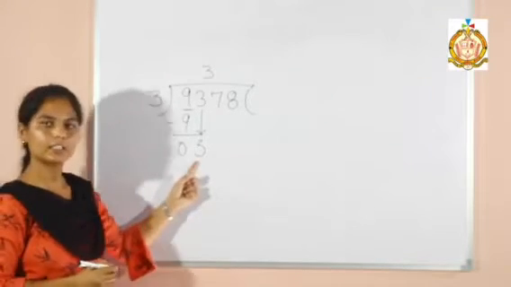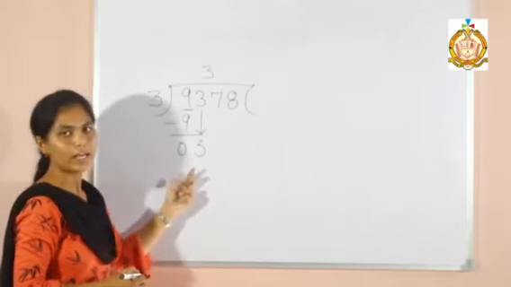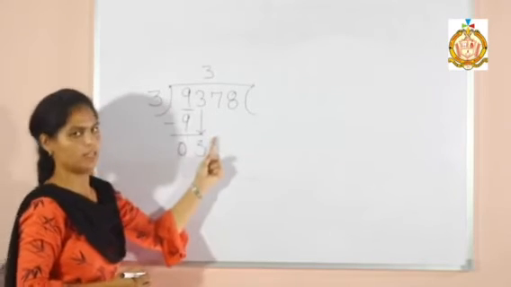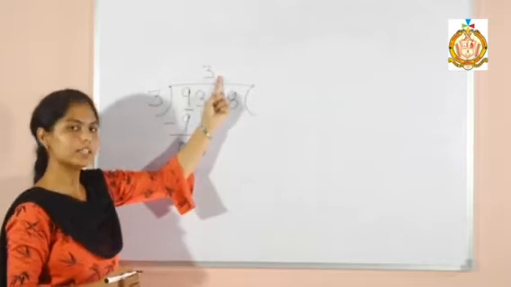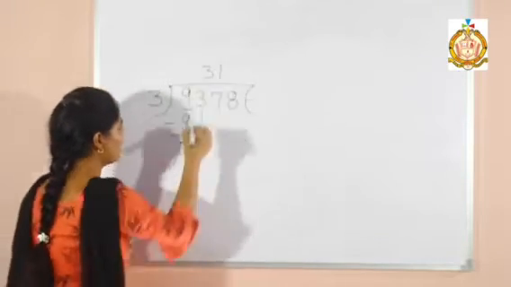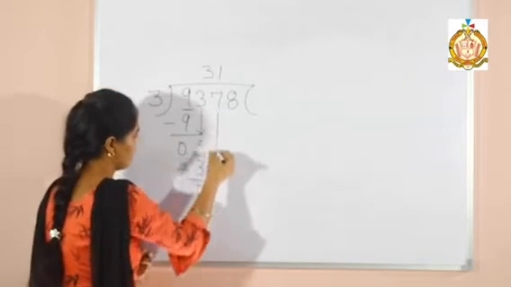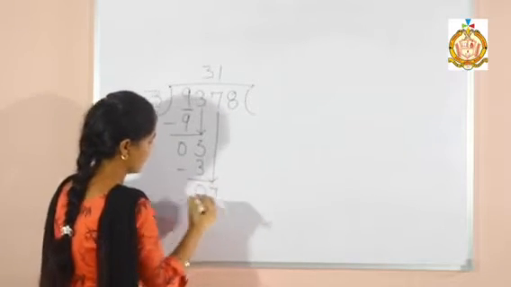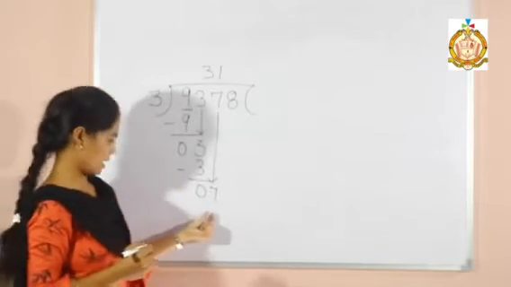3 is the same, so you can divide it. If this number is smaller, then you can take 2 digits, and if you take 2 digits one time, then put 0 here. We will solve this type of example also. 3 ones are 3. Now subtract it. Now take the next number. 3 ones are 3, 3 twos are 6.